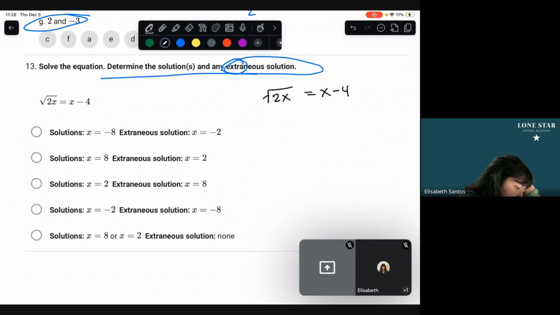Anytime you have a square root when you're solving for x, you want to isolate the square root. So make sure it's isolated, meaning it's by itself on one side of the equal sign. That one is already isolated.